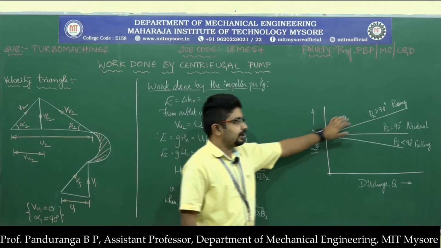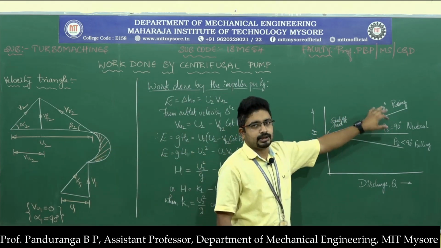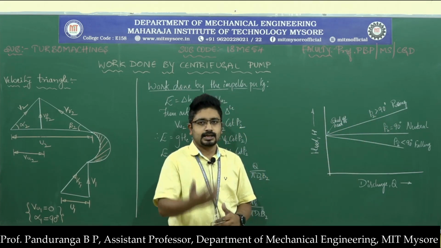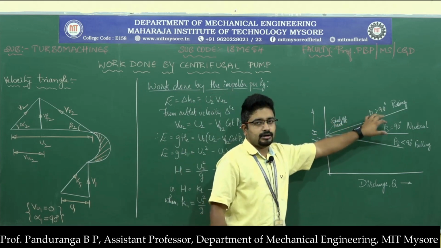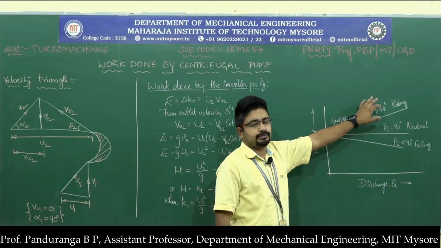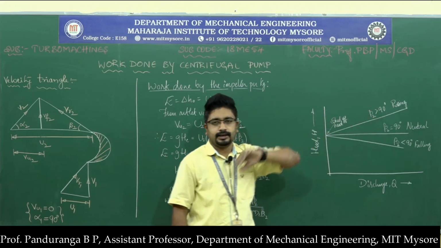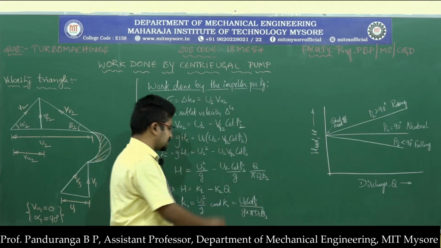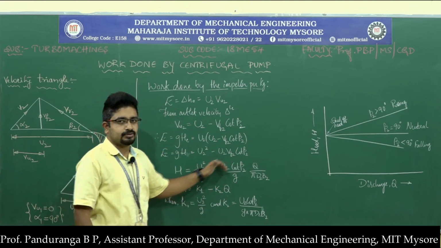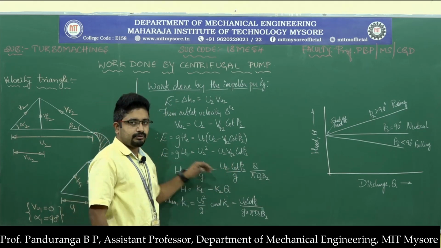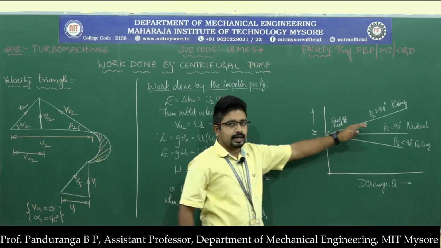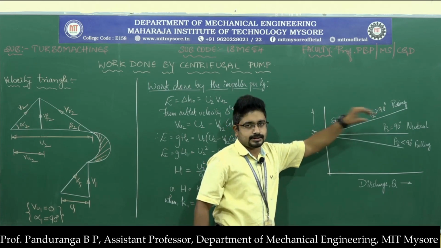So for vanes which have beta 2 greater than 90 degree, as the discharge increases, since cot beta 2 is a negative value, this entire thing minus into minus will give us plus. So with the increase in discharge, the head keeps on rising.